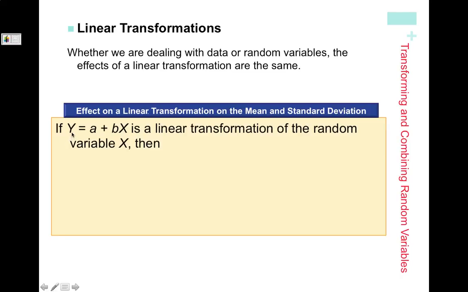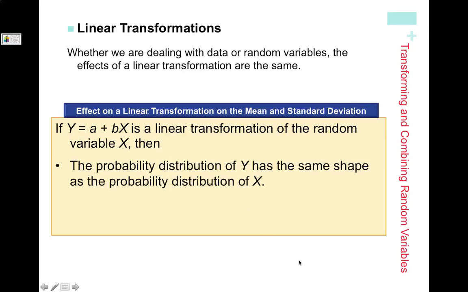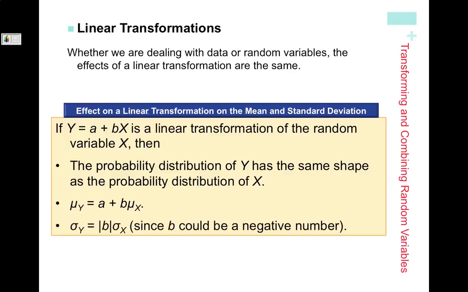If Y is a new random variable, and we get that by taking our old random variable X, multiplying by b, and adding a, then the probability distribution of Y will have the same shape as X. The new mean will be a plus b times the old mean, and the new standard deviation will be the absolute value of b times the old standard deviation.